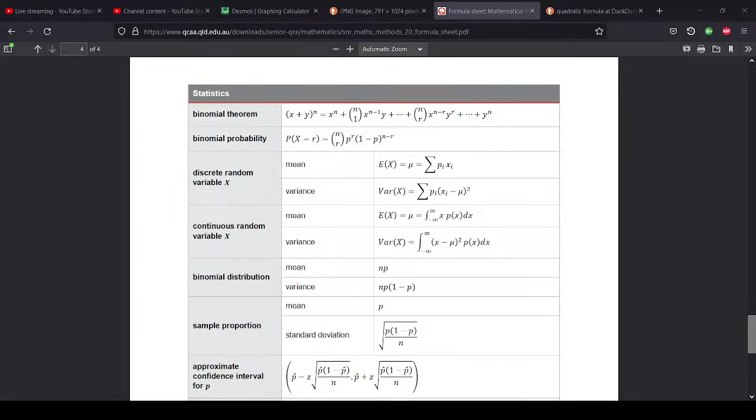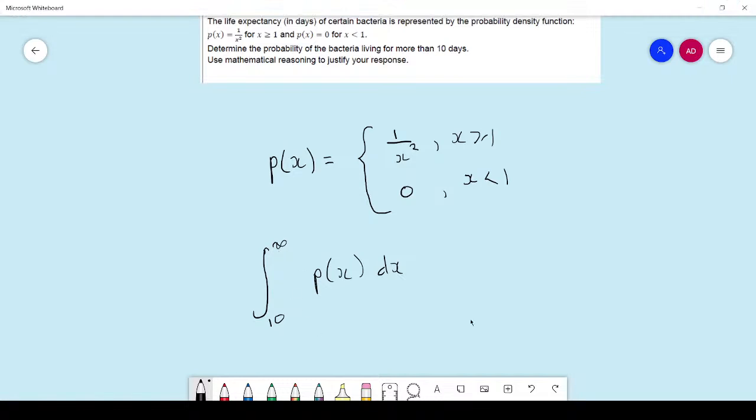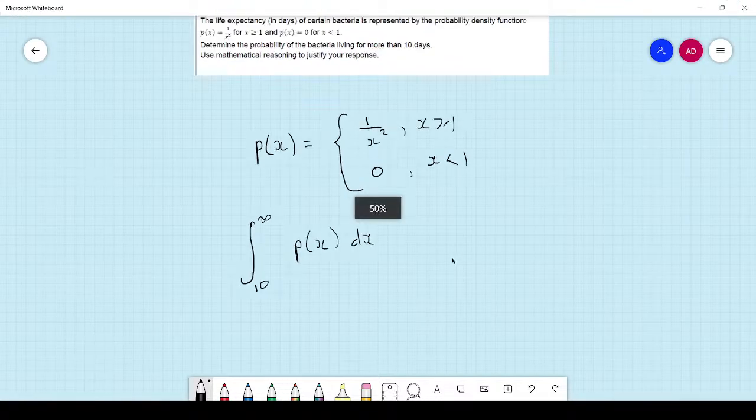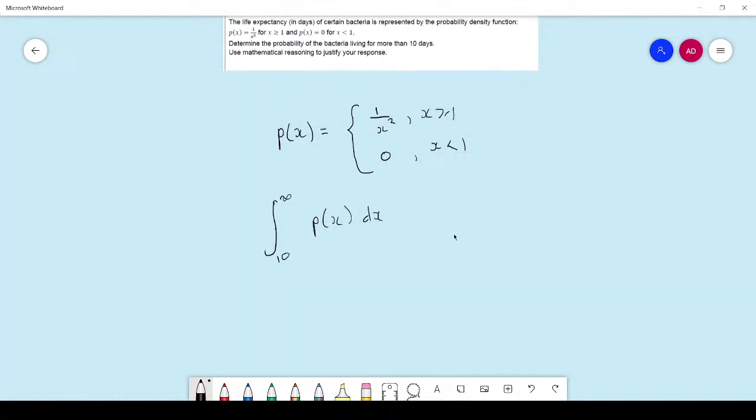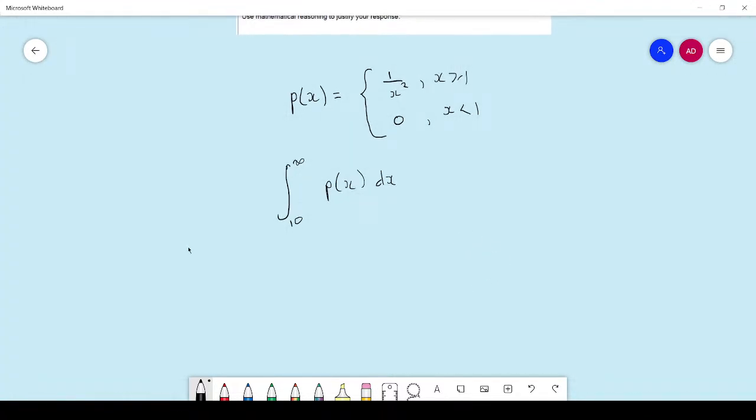I don't think you have to use expected value or anything like that. Let me double check. No, I don't see why we would, because we're not doing expected value, we're just finding the probability of a certain scenario. So we should just be able to take the integral of this probability density function between the bounds 10 and infinity, and we should have an answer, because that's how the PDF functions work. So let's go ahead and do that.